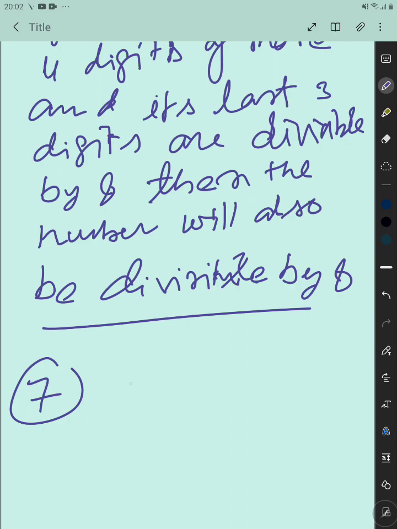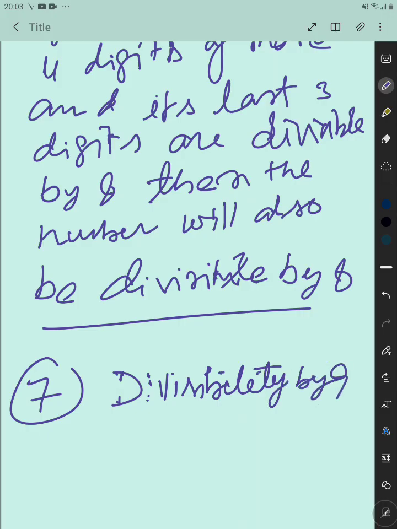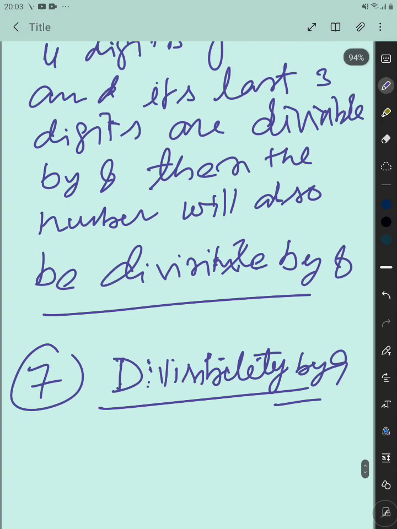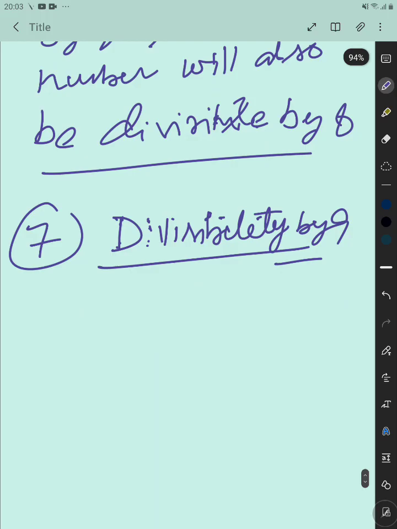So for the seventh, we'll talk about divisibility by 9. If you want to talk about divisibility by 9, we'll consider a few numbers that are divisible by 9 and then try to find out the pattern.